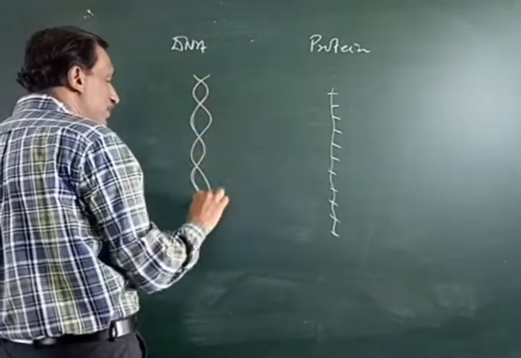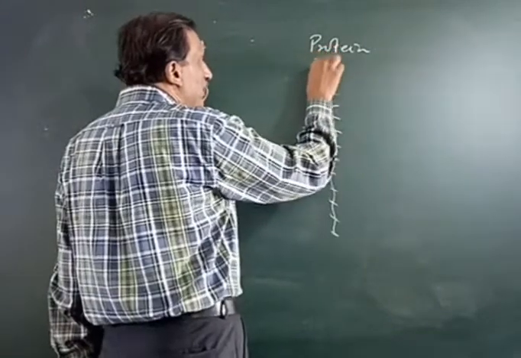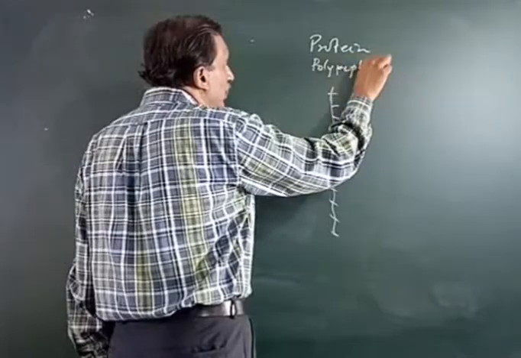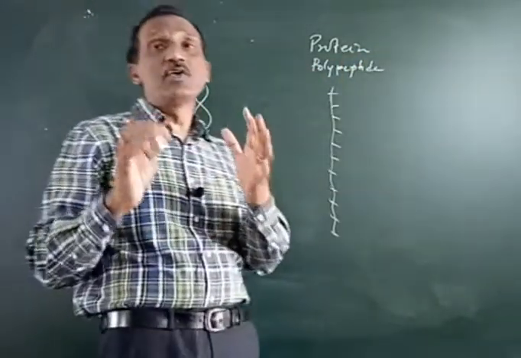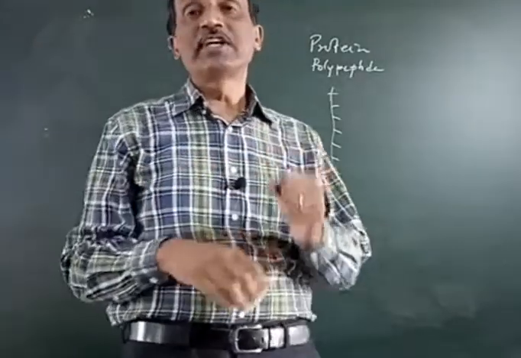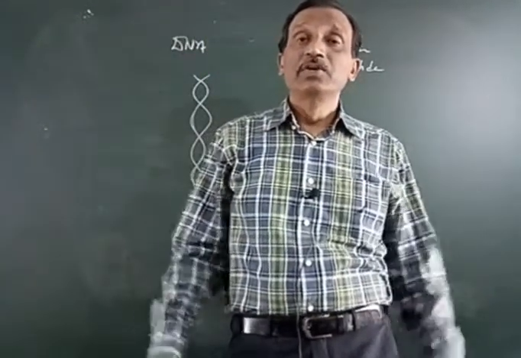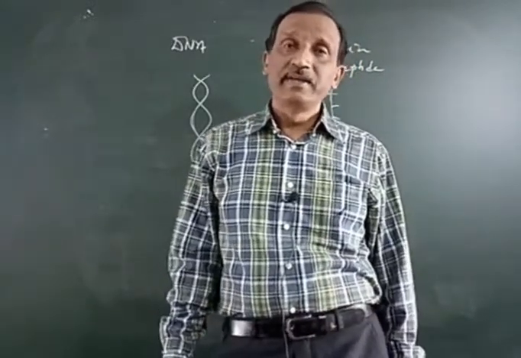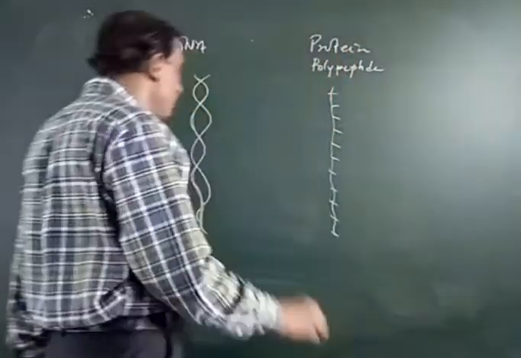There is a double-stranded molecule, and the protein is a single-stranded polypeptide. So there was always an argument about how DNA actually decides what type of protein will be made, how the design of the protein is controlled by DNA. For quite some time they were arguing and thinking on that.